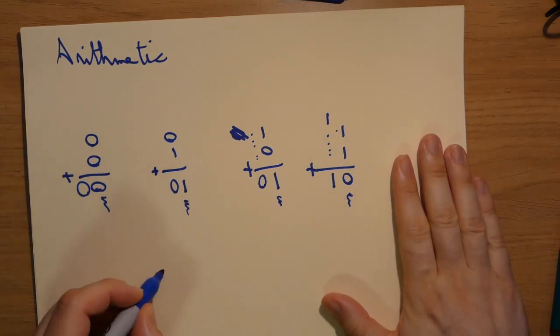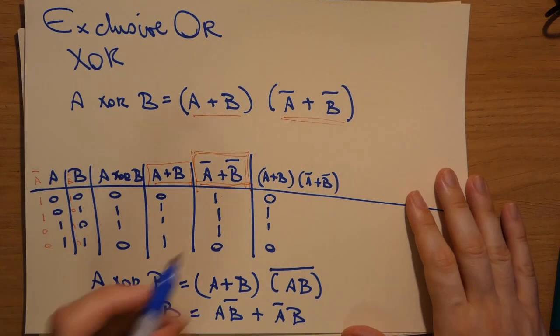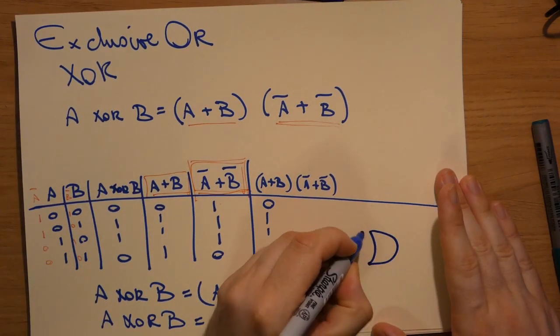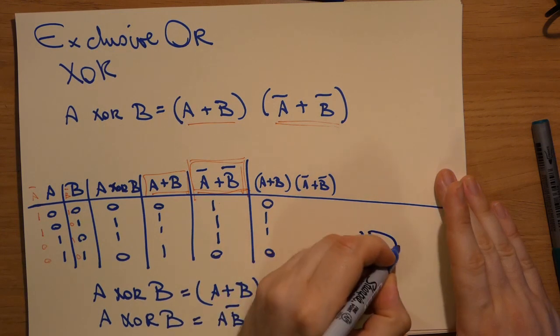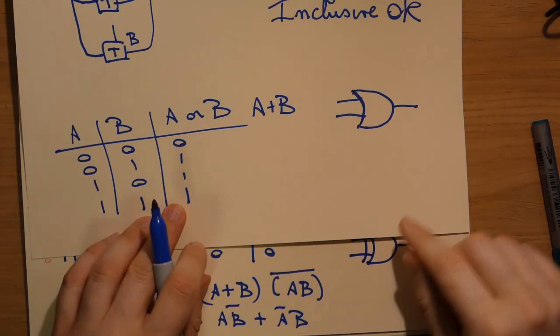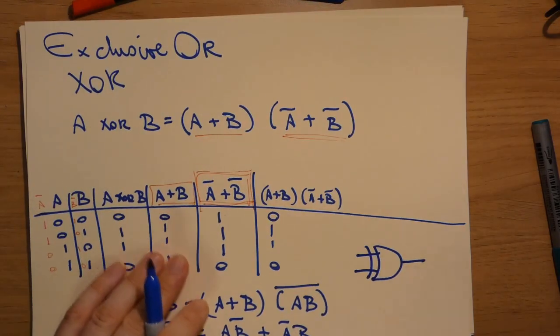Oh, by the way, one thing I forgot to mention here is that the electronics symbol for the exclusive OR is like this. So, similar to the OR, but with this extra line here.